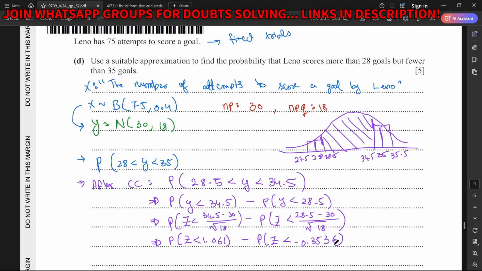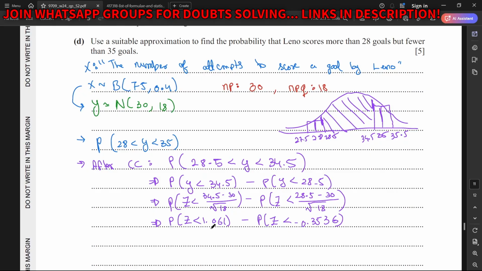Now, based on the previous questions that we have solved, I can clearly see that I can find this value very easily from the table: Z less than 1.061. And the other is same as writing 1 minus probability of Z less than 0.3536 or 0.354, whatever it is.